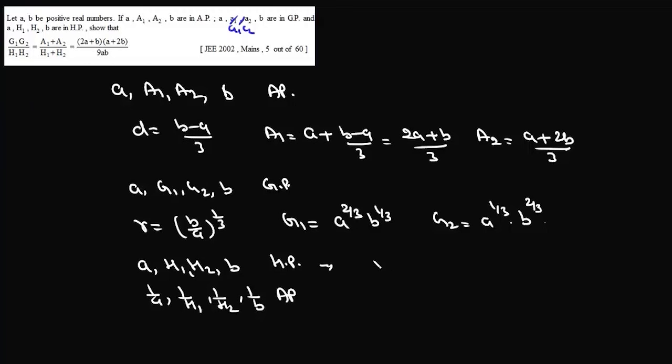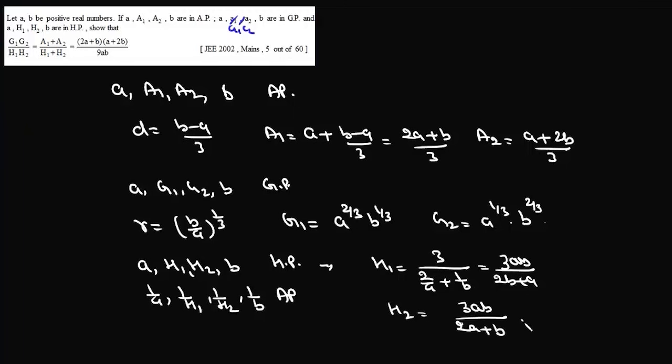So for this we are going to write H1 as 3 upon 2 upon a plus 1 upon b, that is 3ab upon 2b plus a, and H2 will be 3ab upon 2a plus b. So now we have A1, A2, G1, G2 and H1, H2.